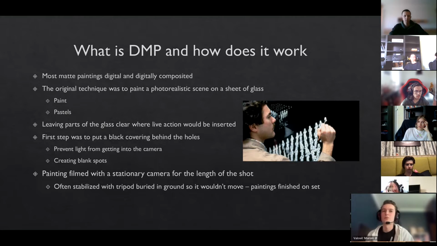So the point was to use really stationary cameras, so the camera wouldn't move. They even stabilized the tripod with it buried in the ground, so it wouldn't move. And most of the time, the paintings were finished live on set, so that they would cover the marks or edges around the real set, so it would seem invisible.